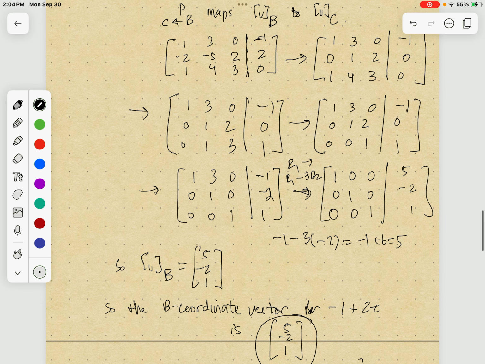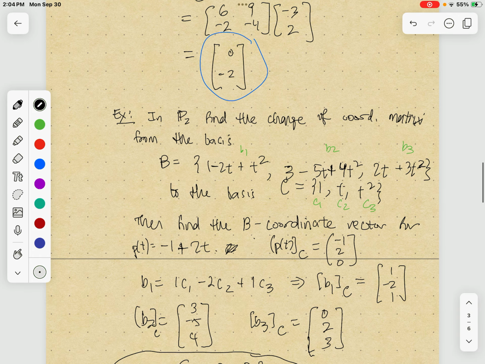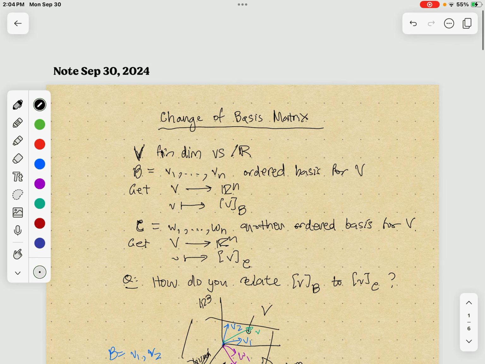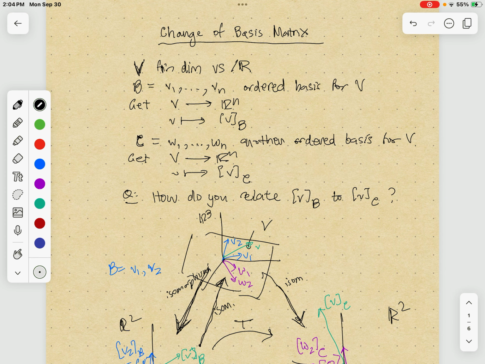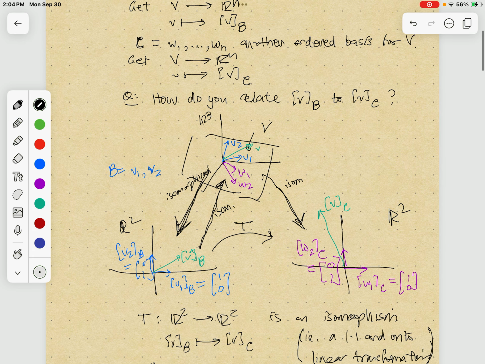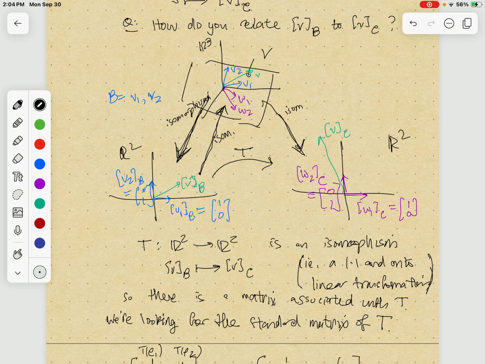Okay, so that just gives you some examples of how to calculate and how to work with the change of coordinates matrix. So let's just do a brief summary of this. This is a long video. When you have a vector space, we've seen that you can get coordinates once you choose a basis. But when you have two bases, you get two different coordinate representations.